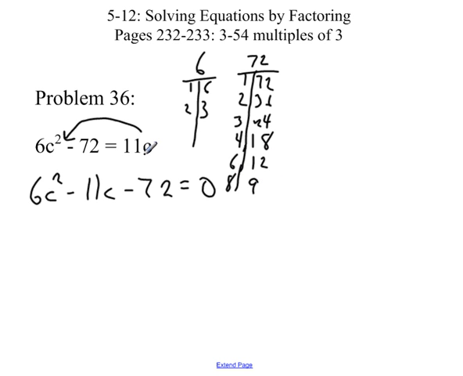Now I need to find some combination that gets me to 11. Let's see, 24 and 9 won't work. 18 and 12 won't work. This is where you might be thinking it over for a little while.